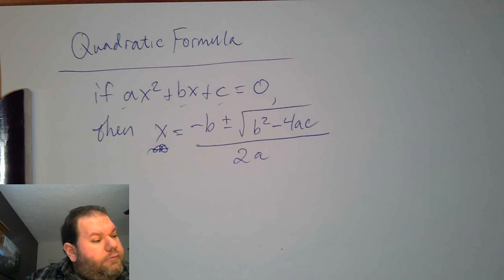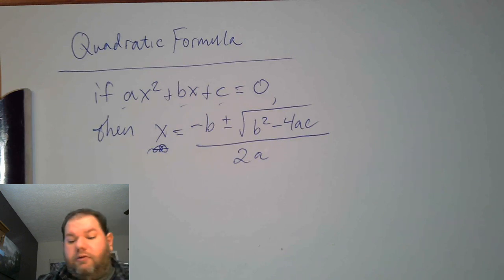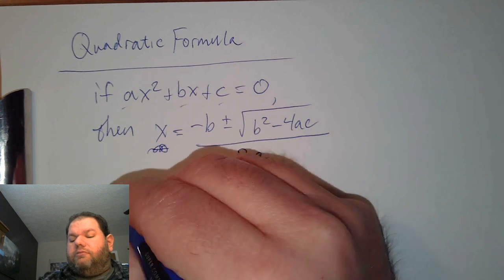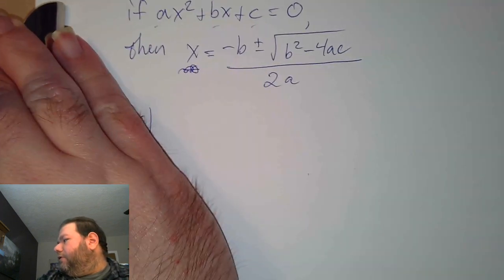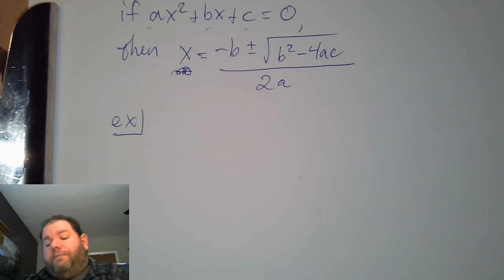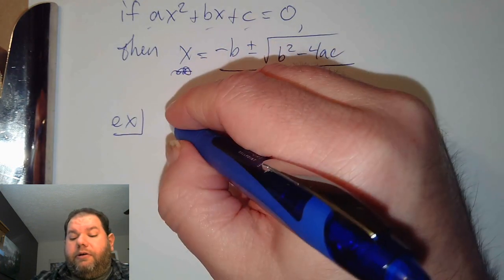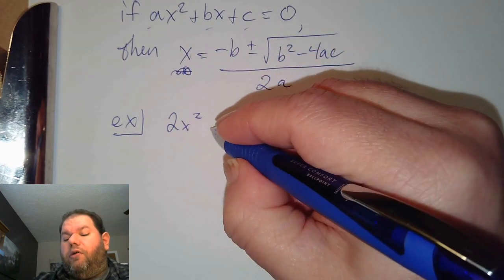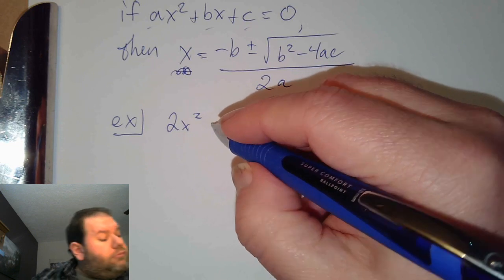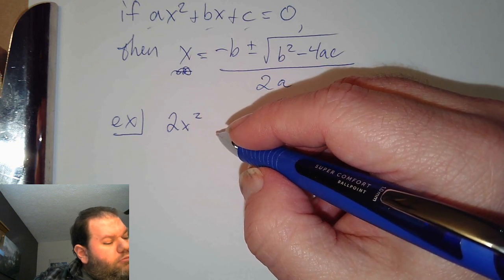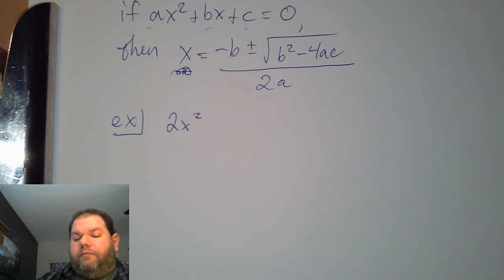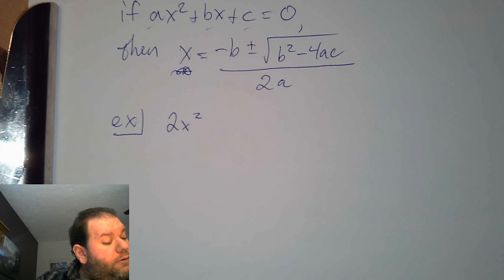Now, if we have, for example, 2x squared, trying to think of a good factorable example with two minuses.